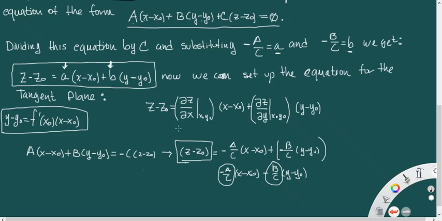So we are going to come up with this, which is any point z minus z sub 0 is going to be equal to the partial derivative with respect to x evaluated at these points times the difference between the point of reference and the original point plus the partial derivative of the function with respect to y evaluated at the point of reference times the difference between the point of reference and the value of interest.